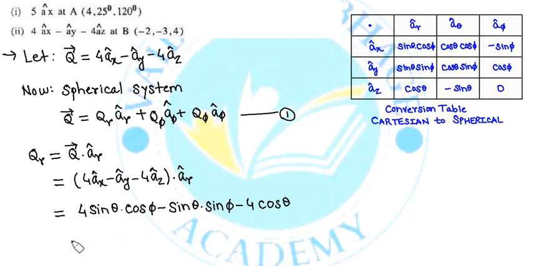Okay, fine. Now we have the values of r, theta and phi from your previous slide. So put the value of theta. We have 4 sine of theta, where theta is equal to, sorry, that is not 52, that is 42.03. Cos phi, where phi is 236.30 degrees.